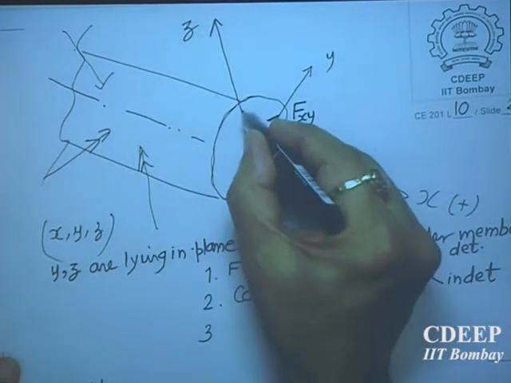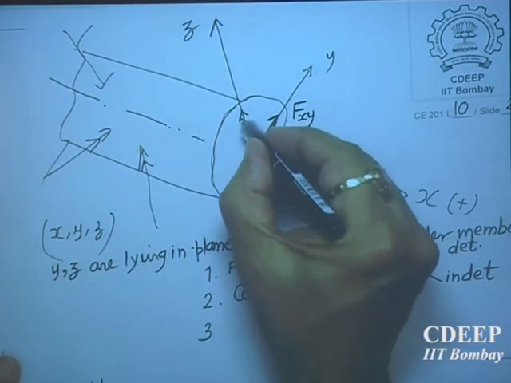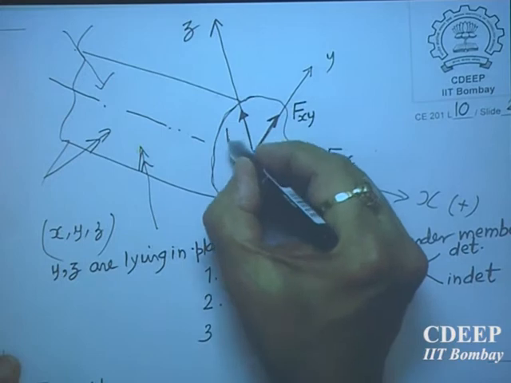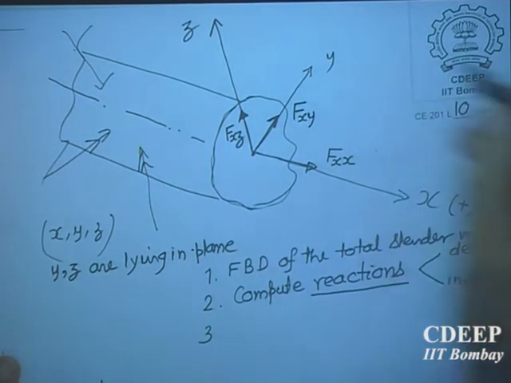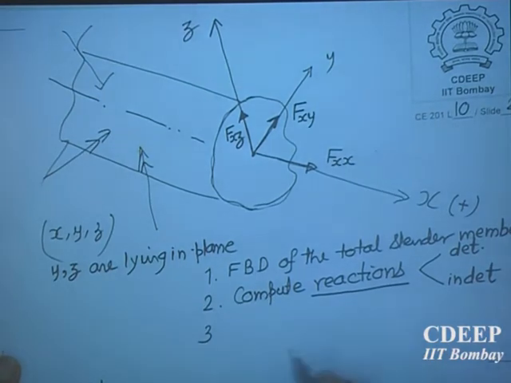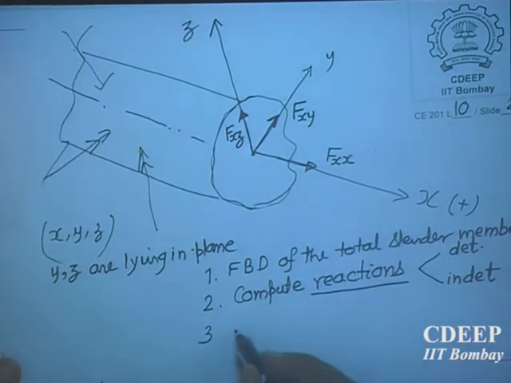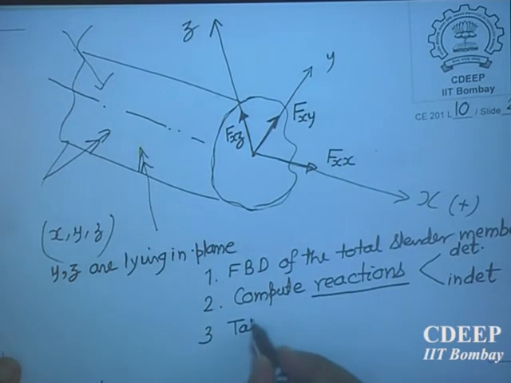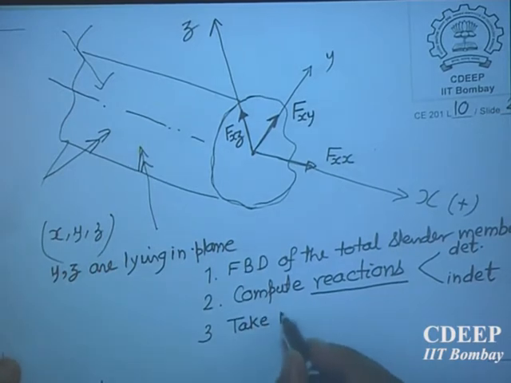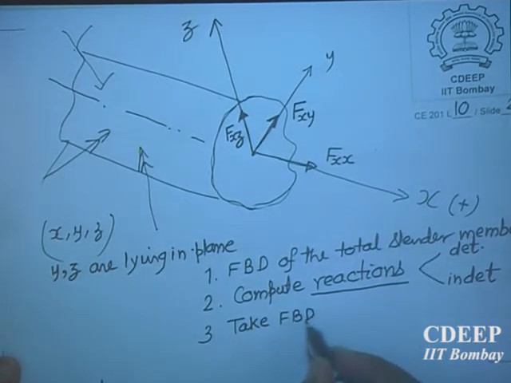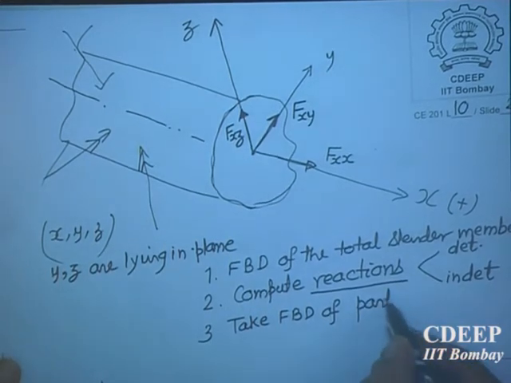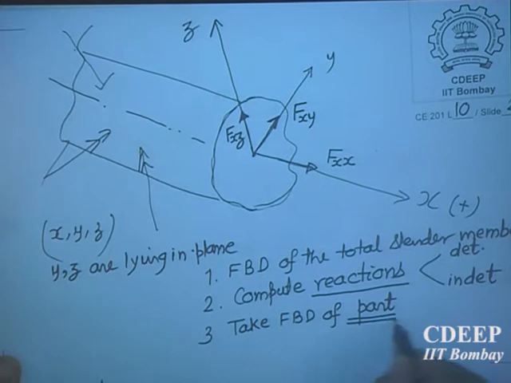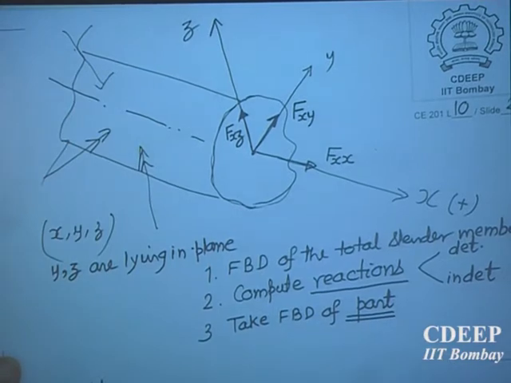And there can also be a force in general Fxz. So, these three are the linear. So compute reactions, then take a free body diagram (FBD) of a portion of the body where you are cutting.